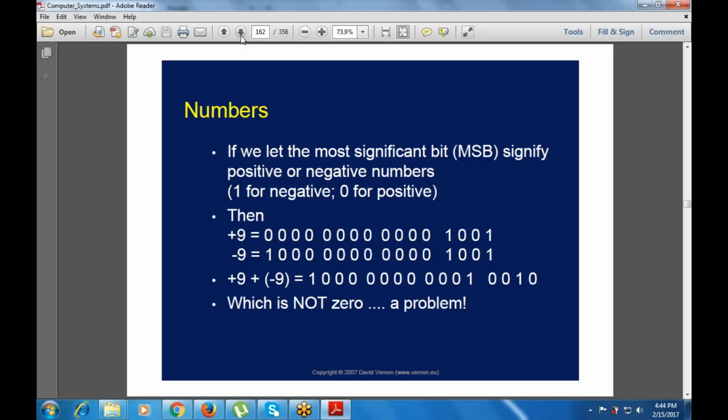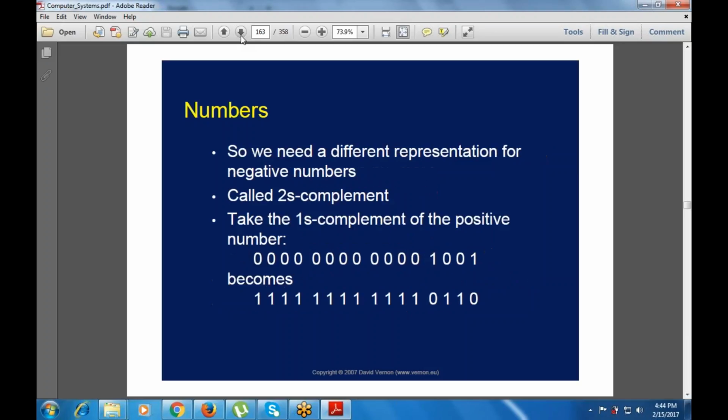Then plus 9 plus minus 9 gives 1000000000 and so on, which is not 0, and that is a problem.